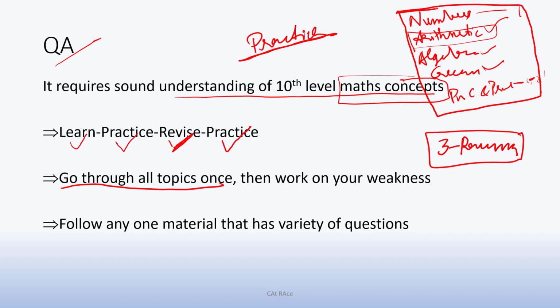Suppose you miss a topic, and a question in the CAT is the easiest question, but you have left that topic, so you are not attempting that question. It may happen, that's why you must go through all the topics.